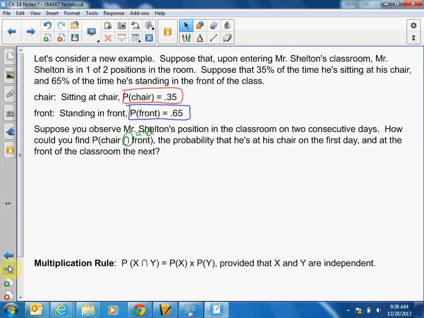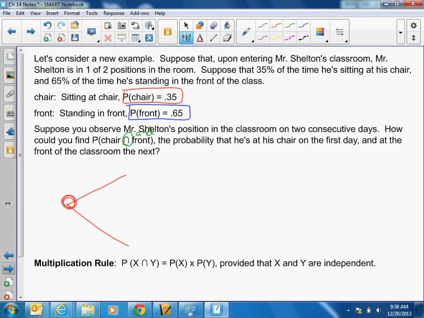Okay, so to find this probability, I think it's easiest to do that with a binary tree. So, as you enter the classroom on the first day, this little stem over here represents the entrance into the classroom, and then from that you've got 2 branches representing the outcomes for that trial.